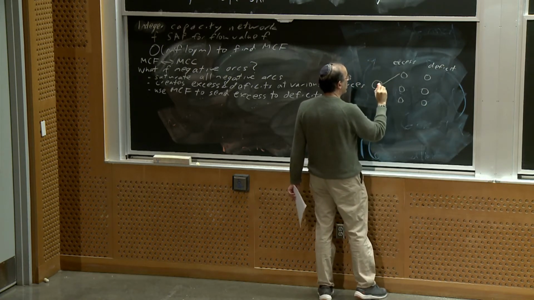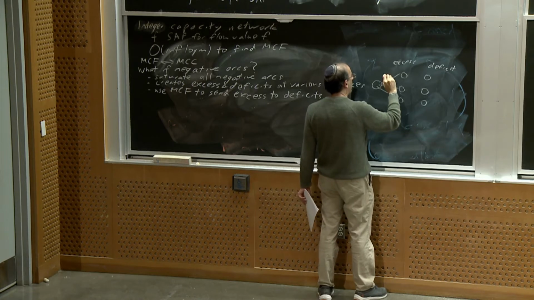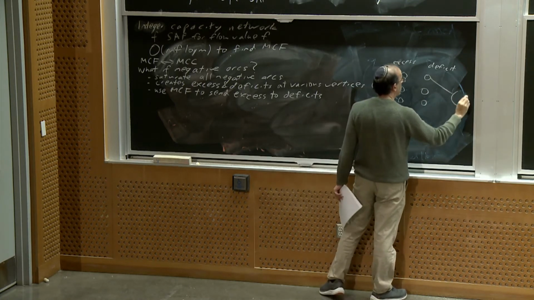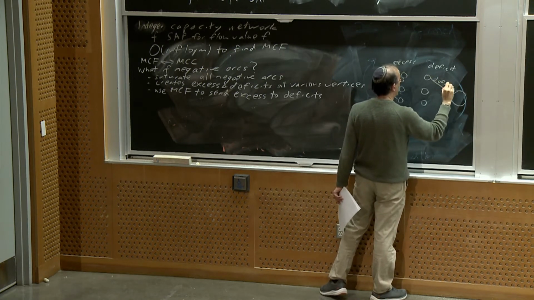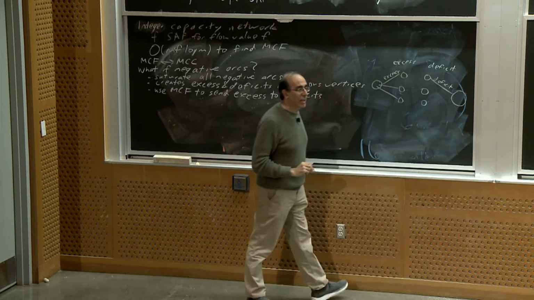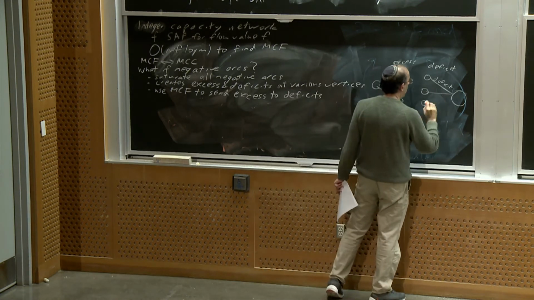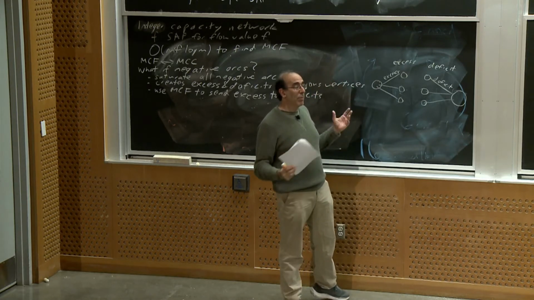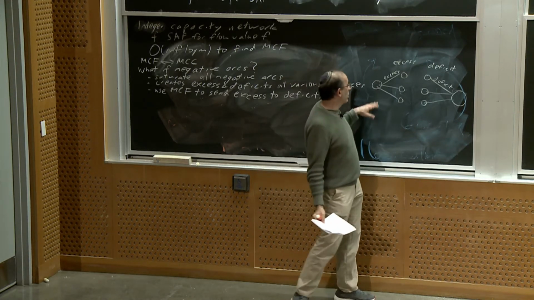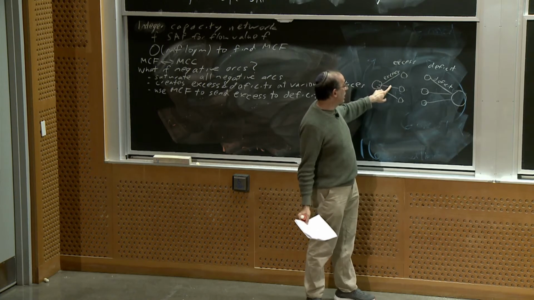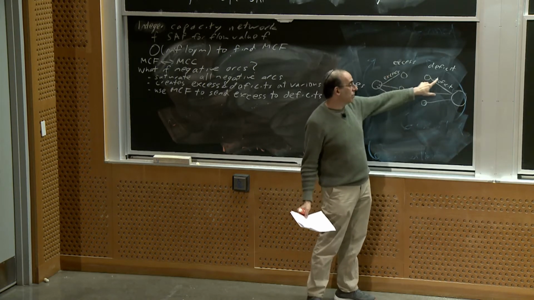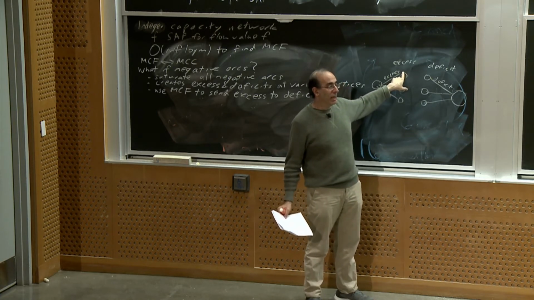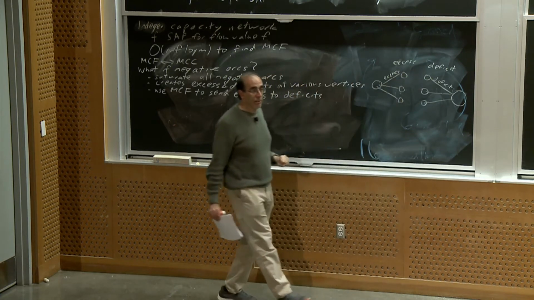And you create a super source with the appropriate excess amounts of capacity to each of the excess vertices, and a super sink with the appropriate amounts of capacity on the deficit edges, right? And now you just compute a max flow from the super source to the super sink, and assuming the problem is solvable, there is a solution that saturates all of the source edges and all of the sink edges, and so that will send the appropriate amount of excess to the appropriate amounts of deficit.